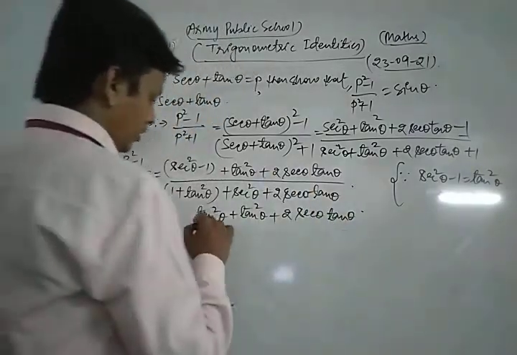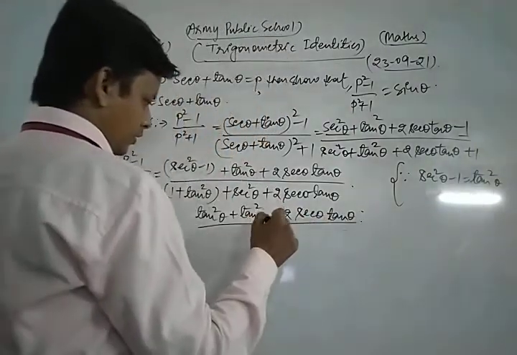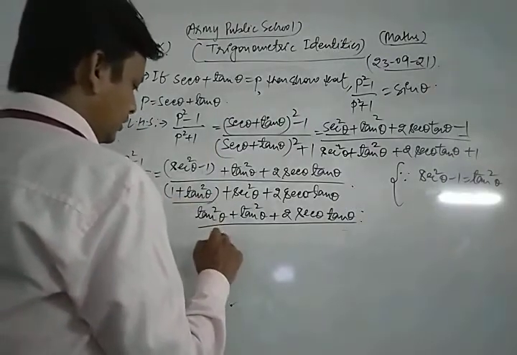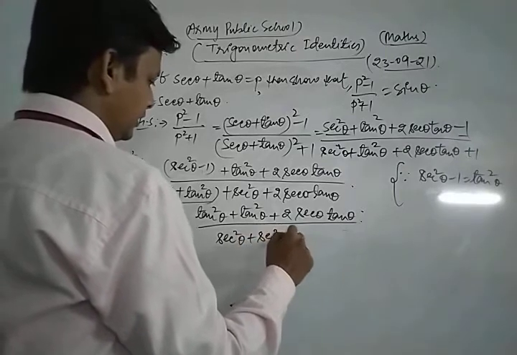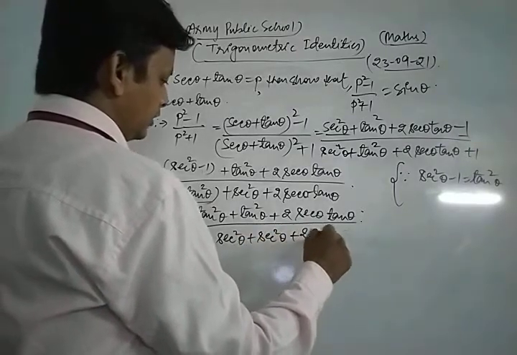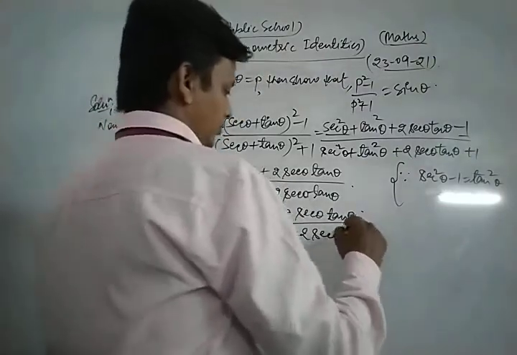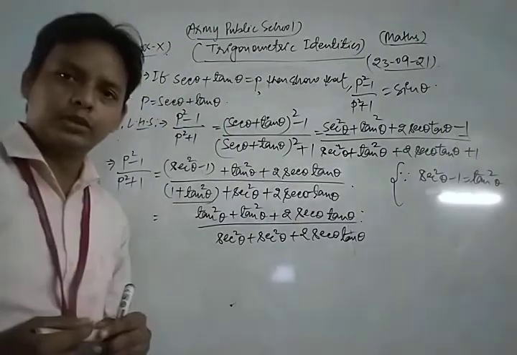Okay. Now in the denominator we write 1 plus tan square theta as what? Sec square theta, and sec square theta as it is, and plus 2 sec theta into tan theta.